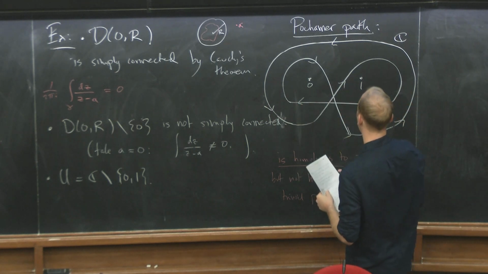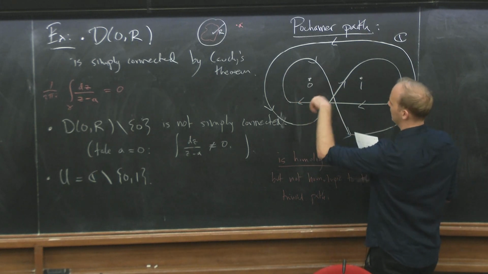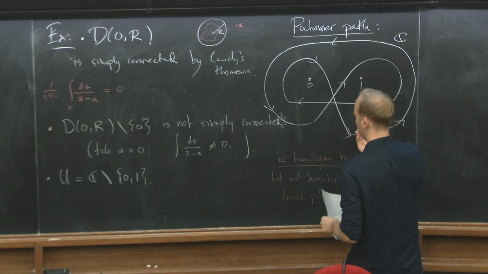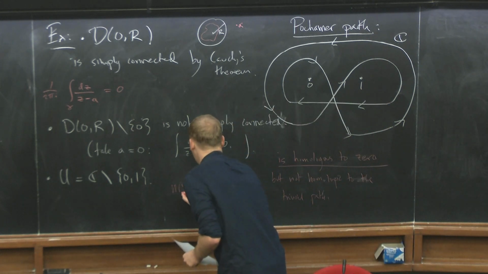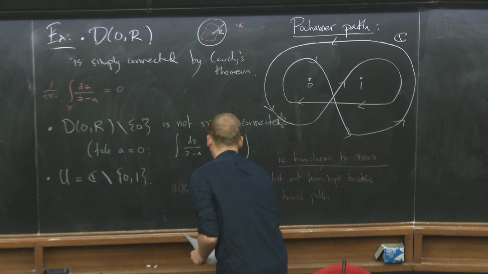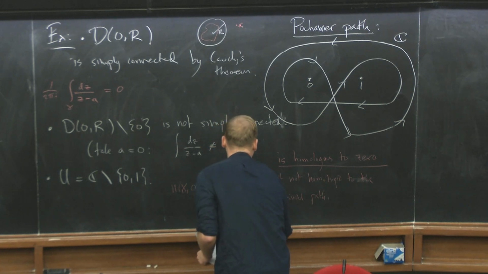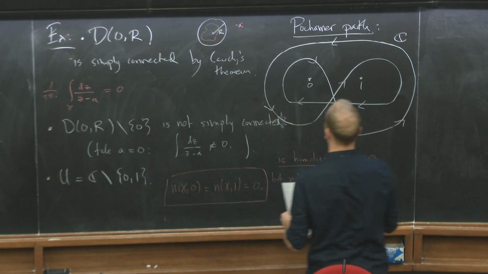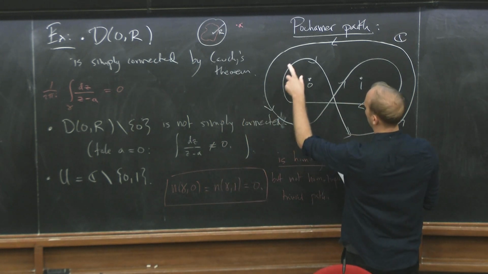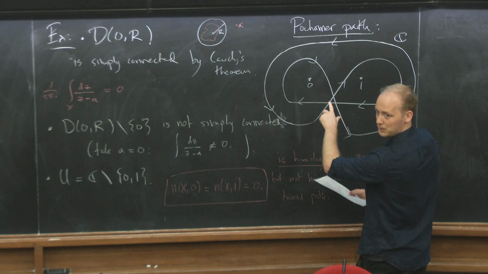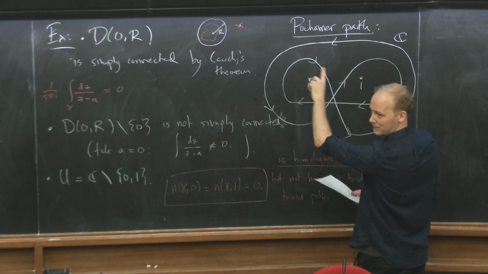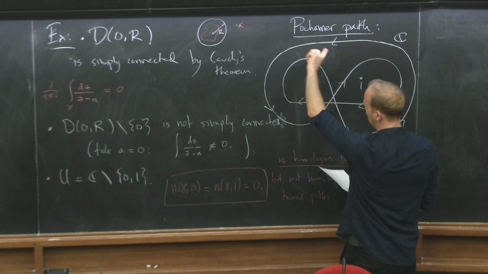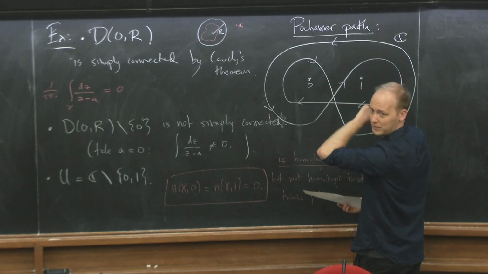And the reason for that, if you count how many times they wind around these points, is that the winding number at 0 is equal to the winding number at 1. They are both 0, actually. Because you go around once in the clockwise direction, and then you come around once in the counterclockwise direction.